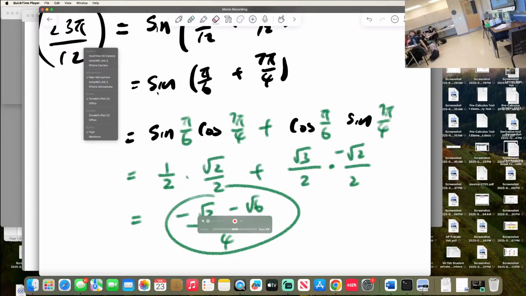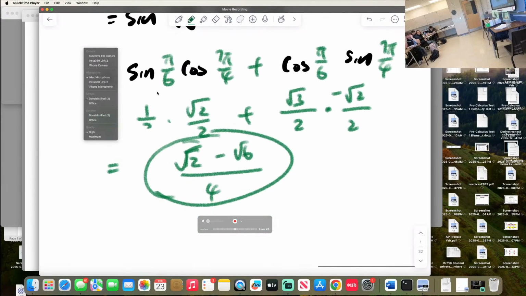Oh, yeah, I don't know why I read that. Square root 2 minus square root 6. Yes, square root 2 minus square root 6. Thank you. I'm dyslexic. I don't know how I get negative. Anyway, does that make sense? So it'd be square root 2 minus square root 6 over 4.